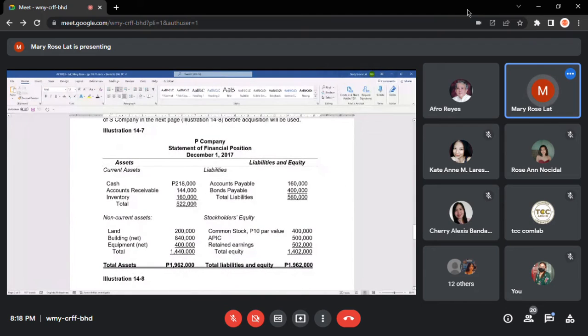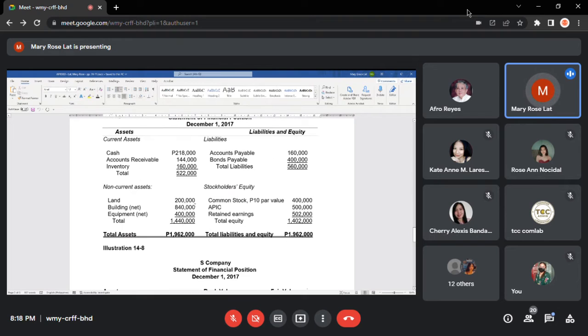Illustration 14-7. P Company, Statement of Financial Position, December 1, 2017. Assets, current assets. Cash, 218,000. Accounts receivable, 144,000. Inventory, 160,000, with a total of 522,000. Non-current assets.